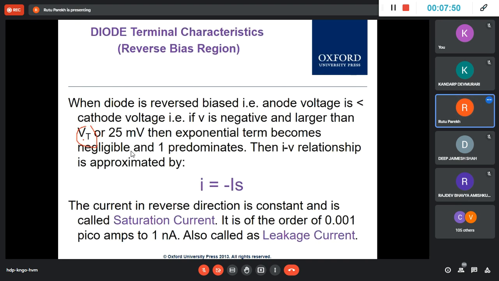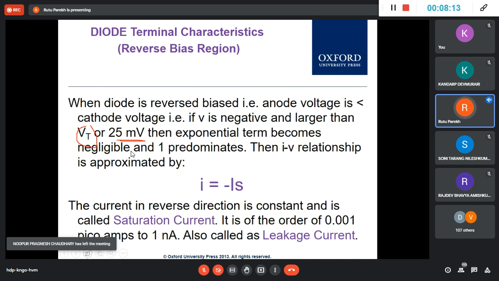And so when the voltage is greater than, 25 millivolt is a small value. Okay. So how many millivolt makes 1 volt? 1000. So 25 millivolt is very less when we are talking of, like, 5, 10 volts in the reverse bias.